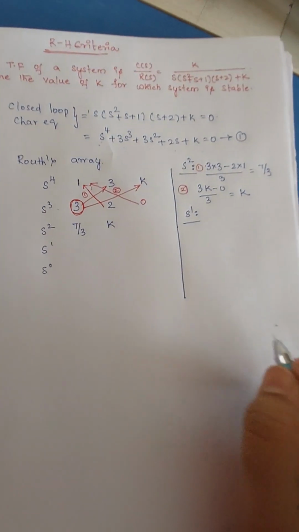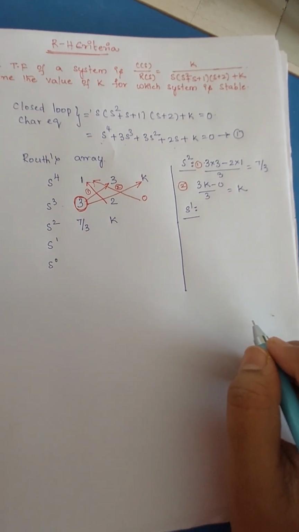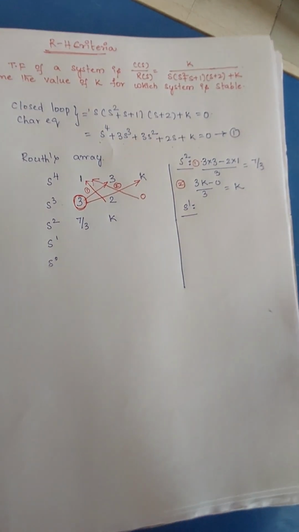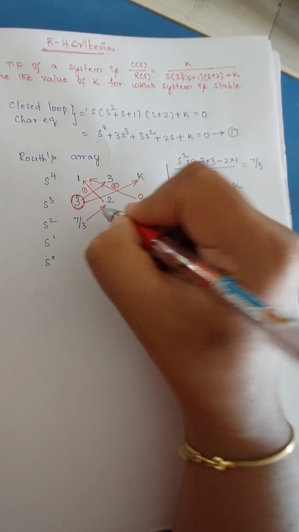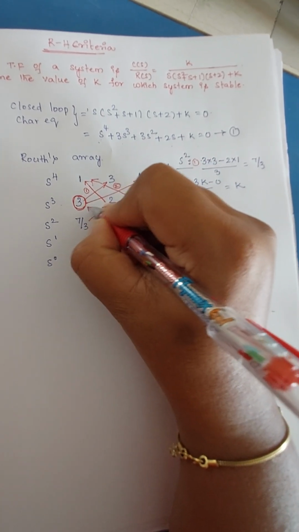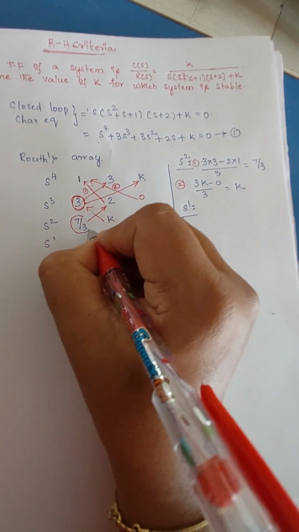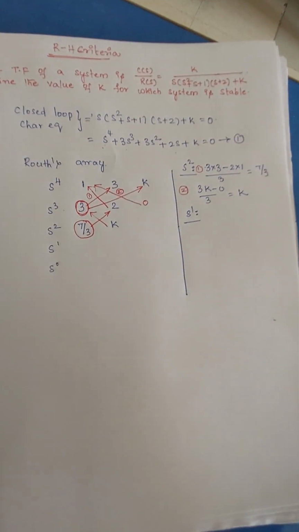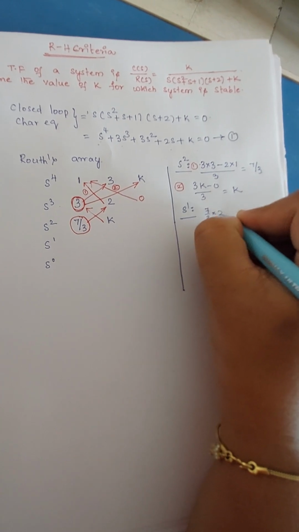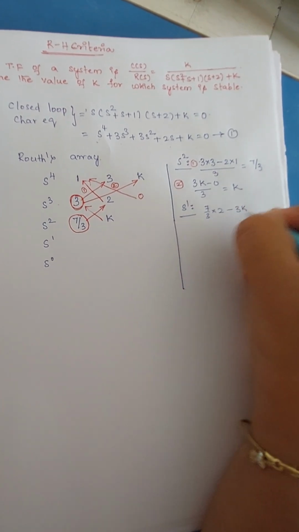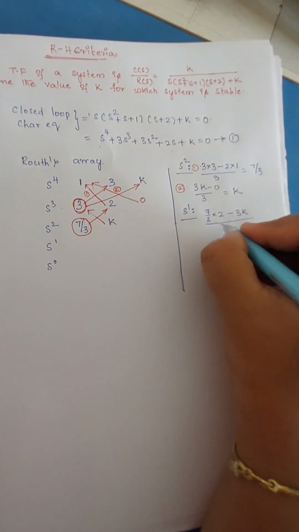s power 1 row. So coming to the s power 1 row, we have to cross multiply the elements: 7 by 3 into 2 minus k into 3, divided by 7 by 3. If you formulate that, 7 by 3 into 2 minus 3k divided by 7 by 3.